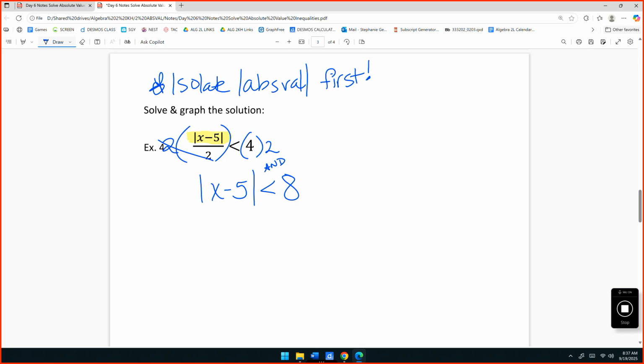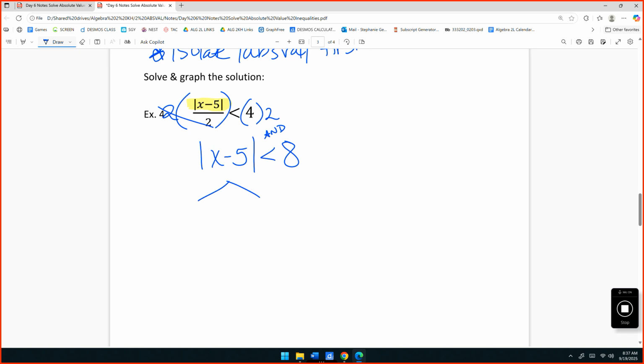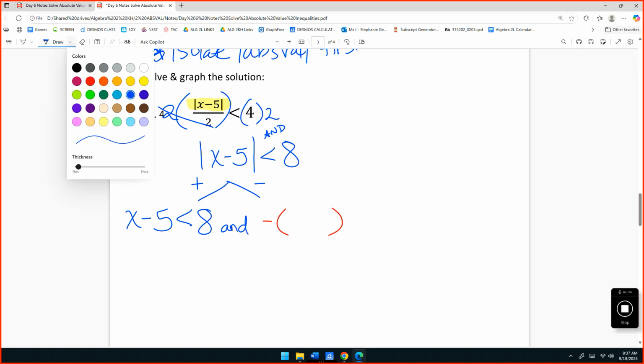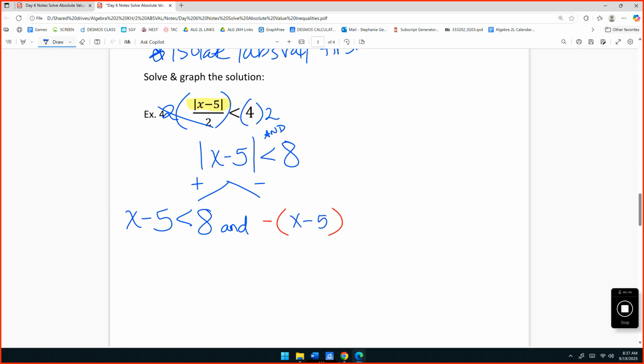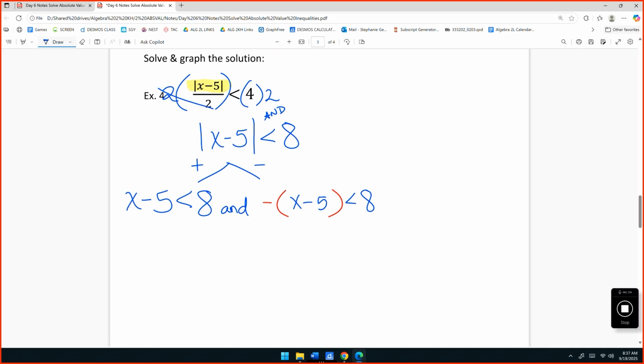Okay. So when I split positive and negative paths, we get x minus 5 is less than 8, and negative x minus 5 is less than 8. Okay, when we solve, this one's pretty straightforward. X is less than 8 plus 5 is 13.